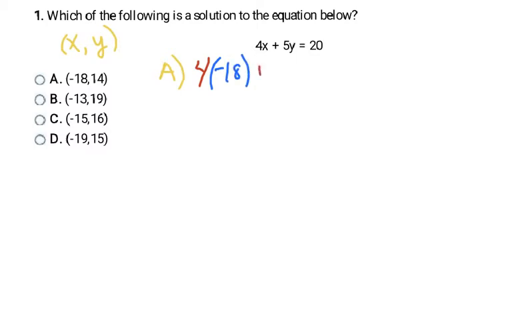Then it's a plus 5y, but I know the y that I'm trying out is 14. So I'm going to substitute 14 in for y. And it equals 20.